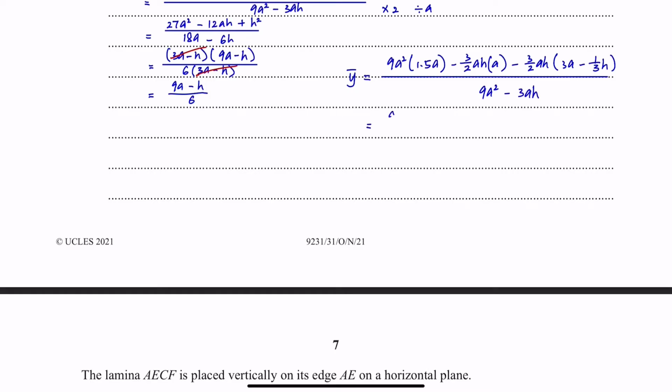So this would give us the same answer, which is 9a minus h over 6. Alright, so we have found the answer.